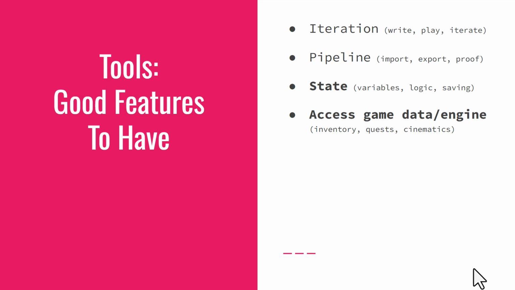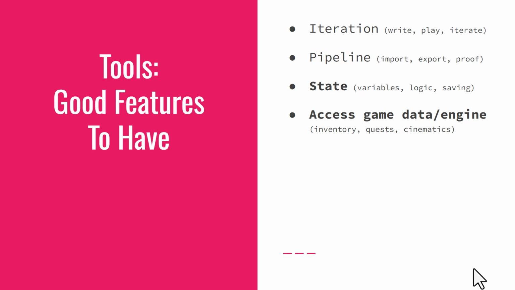Interactive dialogue needs to branch based on those values, so you need some kind of powerful enough system to be able to perform logic and decisions to decide which branches to go down. And related to this also is an ability to save that information in saved games or across scene changes, things like that. And if the tool or the tool's integration with your engine supports that, it's less that you have to do on your own to make it work.